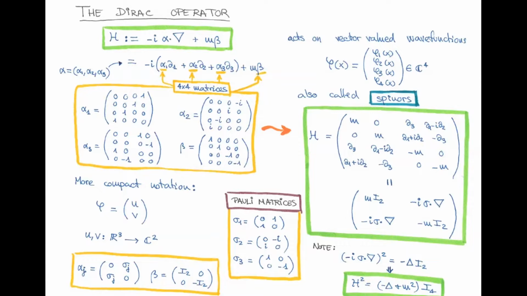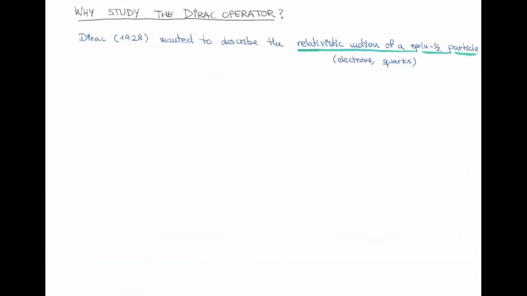The story goes back to Dirac, when he wanted to describe the relativistic motion of particles of spin 1/2. He wanted to combine the relativistic theory with the quantum formalism.